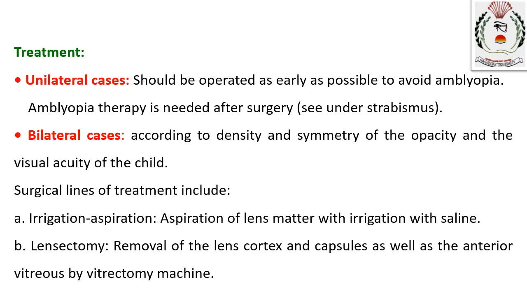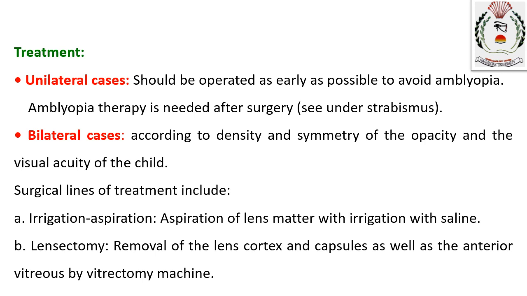Surgical treatment may be done either through irrigation aspiration, where we go for aspiration of the lens matter and irrigation with saline, or lensectomy in some cases, removal of the lens cortex and the capsules, and removal of the anterior part of the vitreous by vitrectomy machine.